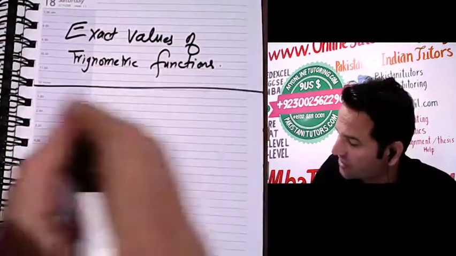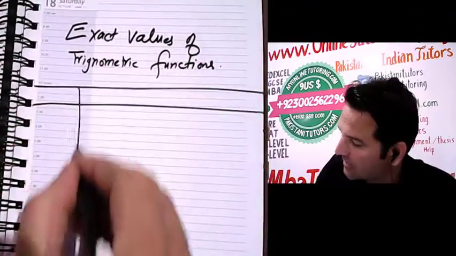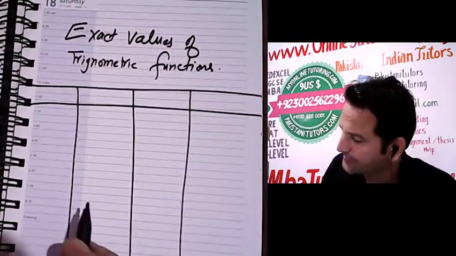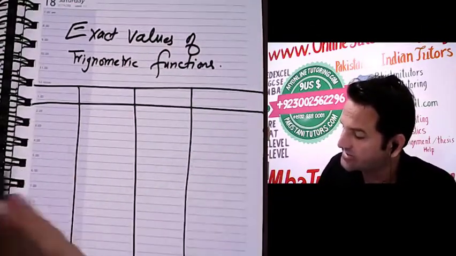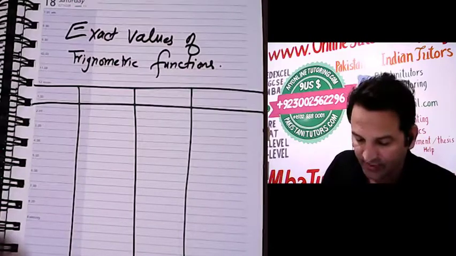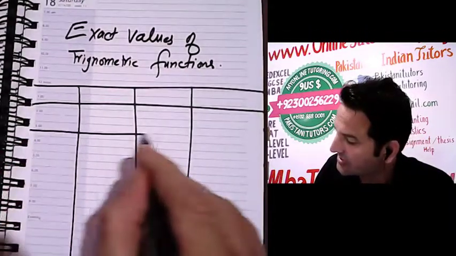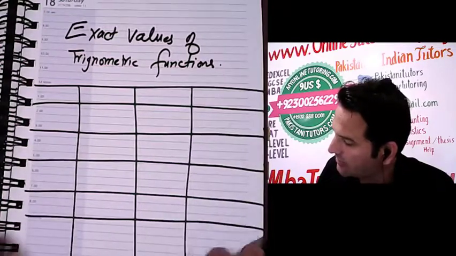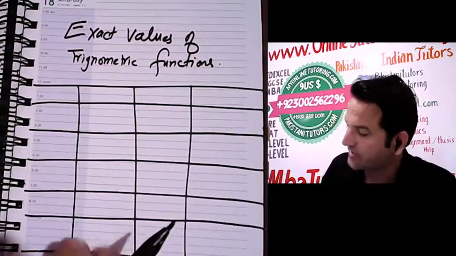Now we are making 4 columns: 1, 2, 3 and 4. And now the further columns are divided into 1, 2, 3, 4, and automatically this will be the 5th one.